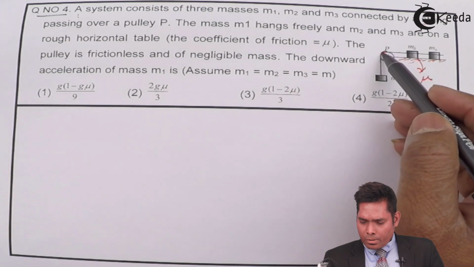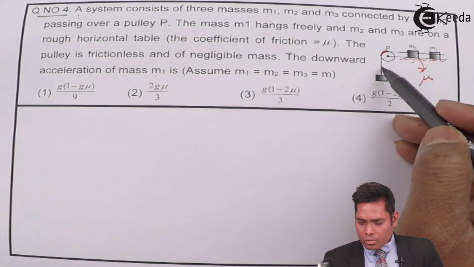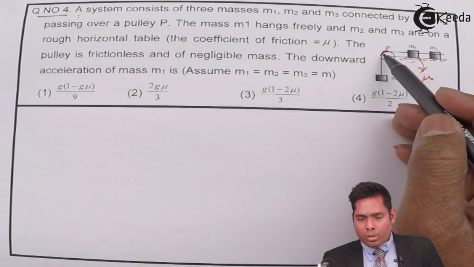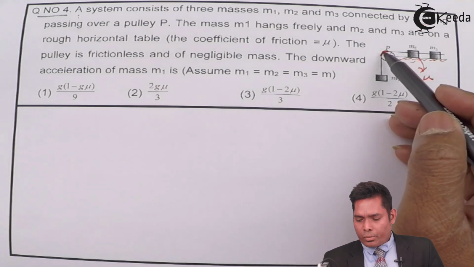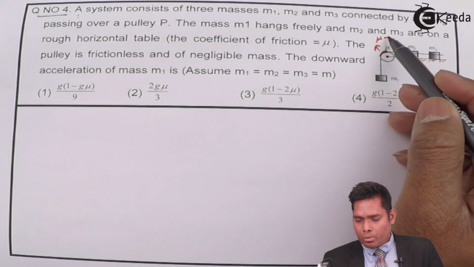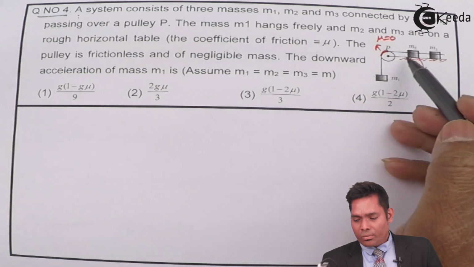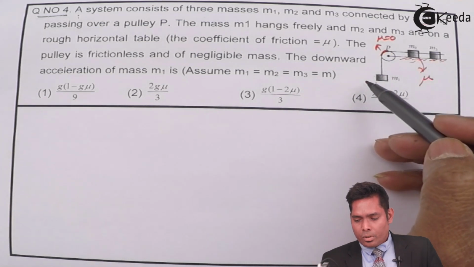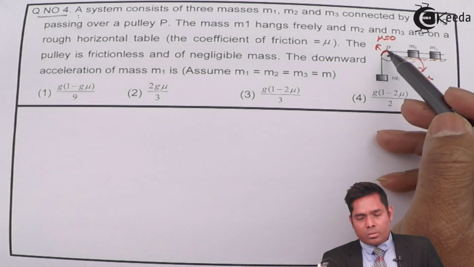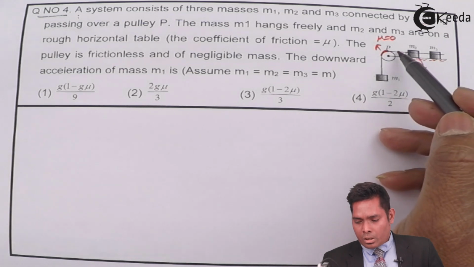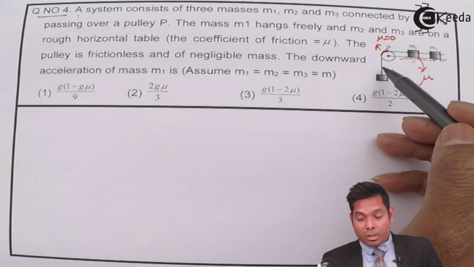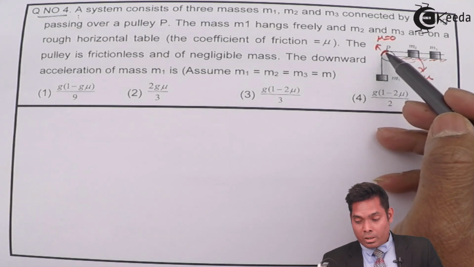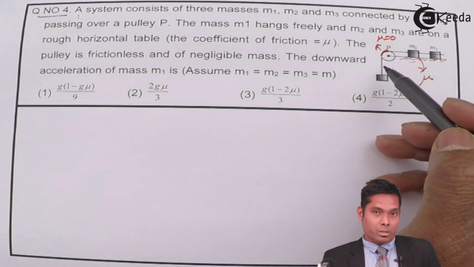On the surface of the pulley, as the rope moves, there is no friction, so here you will take mu equals 0. If there is no friction, then the string will only slip over this pulley, and the pulley will never rotate.